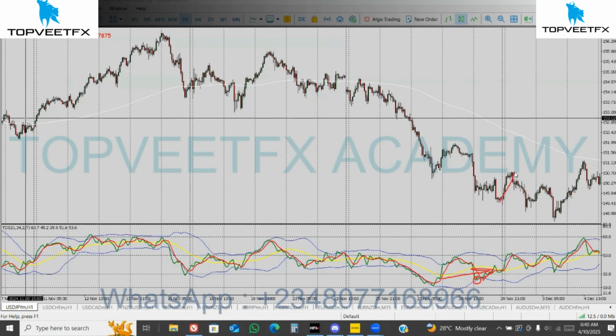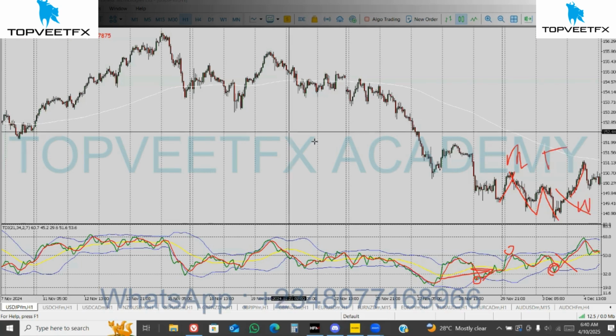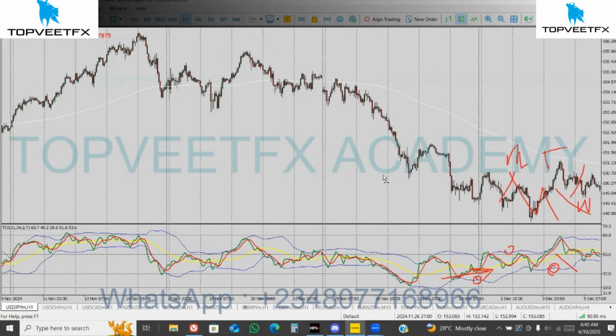Then they push to the top, they touch the band at the top, they drop, bam. Then this main touch is what we are expecting here. Then you pick your trade at the cross here, where it crossed. Look at it. This is Monday, this is Tuesday. They gave you the opportunity on Tuesday. Now, let's see what happened in the market.